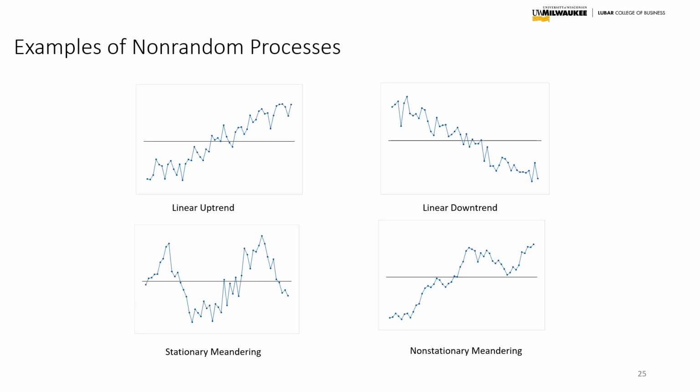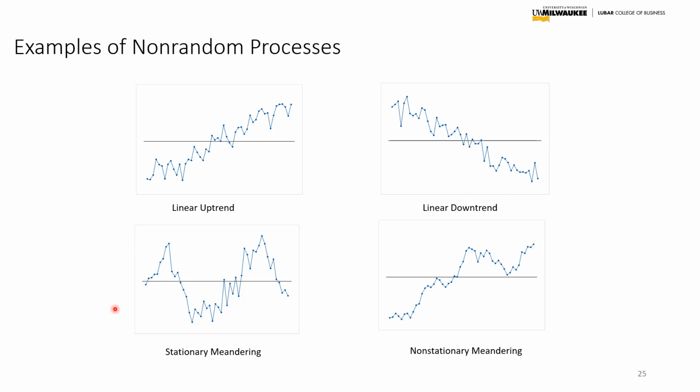Now let's talk about non-random processes. They can come in a variety of ways. Here are some simple examples. Up here we have a linear uptrend. That's clearly non-random because the future is not guessed by simply taking y bar. We have a linear downtrend.